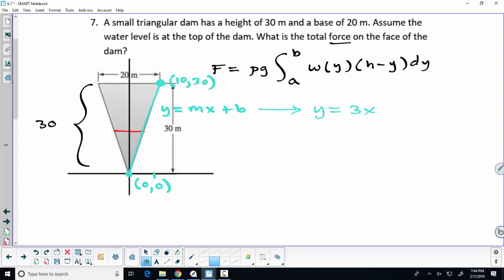But again, dy, we want that as x equals something. So that is y over 3 equals x.